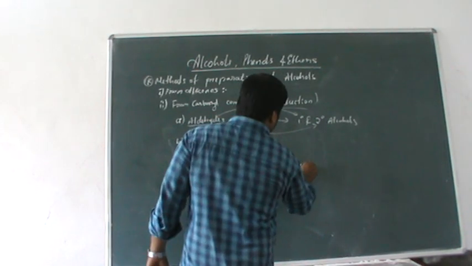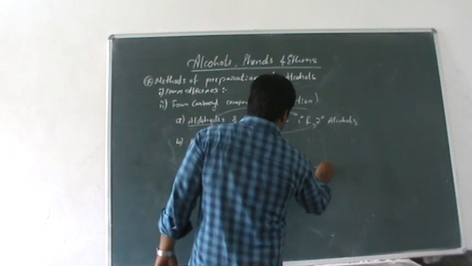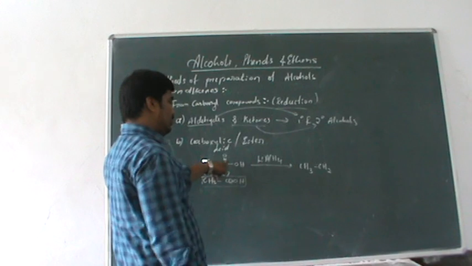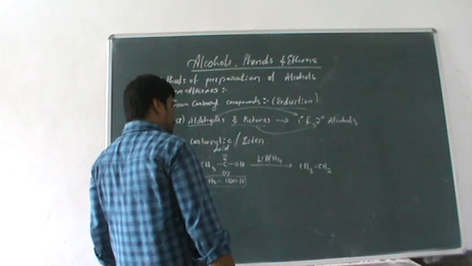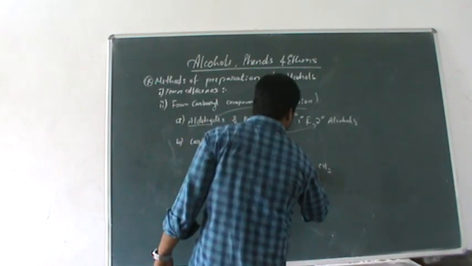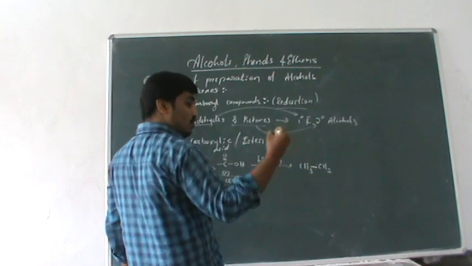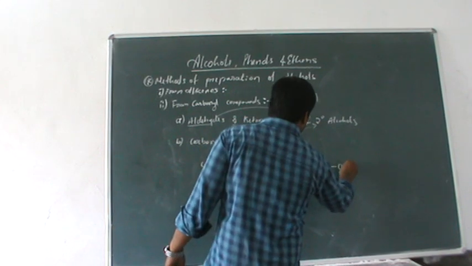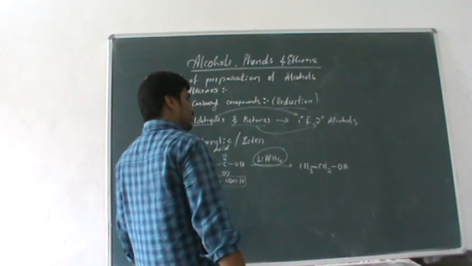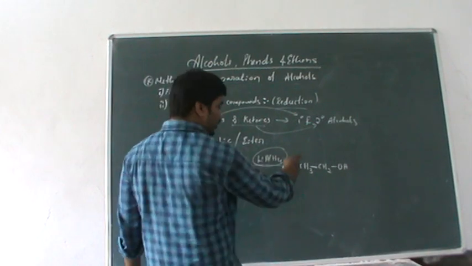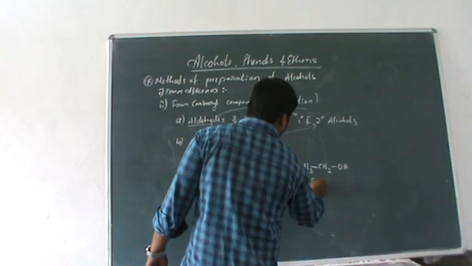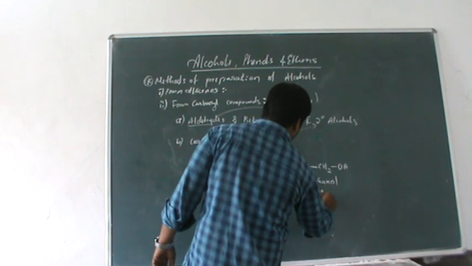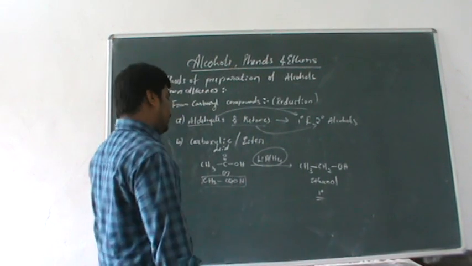It gives CH3CH2OH. Oxygen is eliminated and hydrogen is added. Therefore, removal of this oxygen is needed, and we use a strong reducing agent, lithium aluminum hydride. What is the name of the product? It is ethanol. It is a primary alcohol. Primary alcohol is produced.